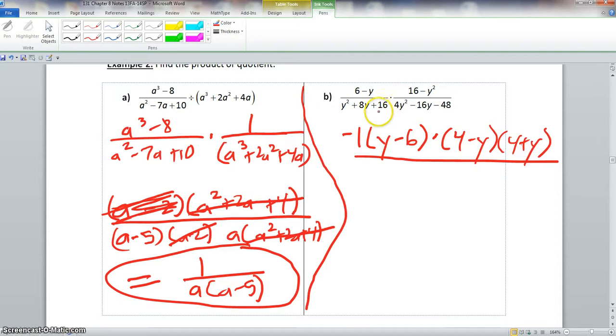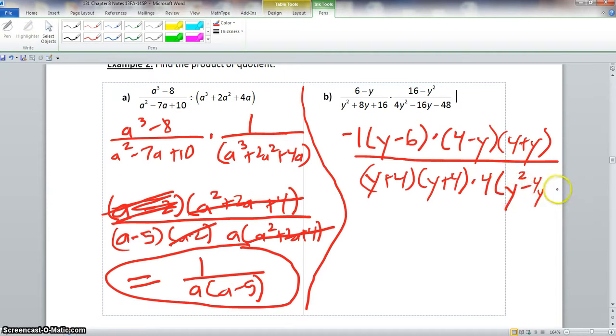Now we come to the denominators. Now we know y squared plus 8y plus 16 would end up being (y plus 4)(y plus 4). Now, the second parenthesis here, we could factor out a 4. And then we would have y squared minus 4y minus 12.